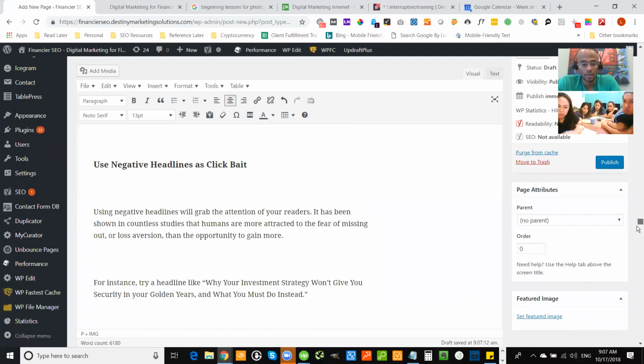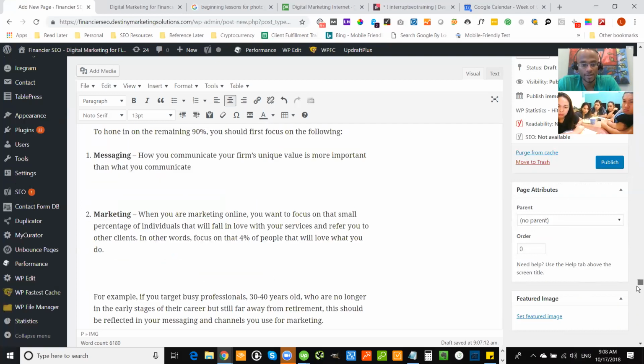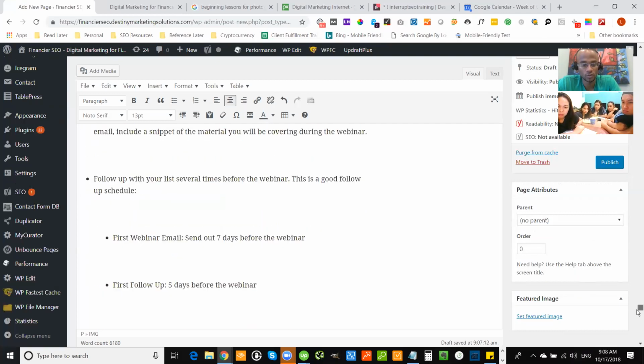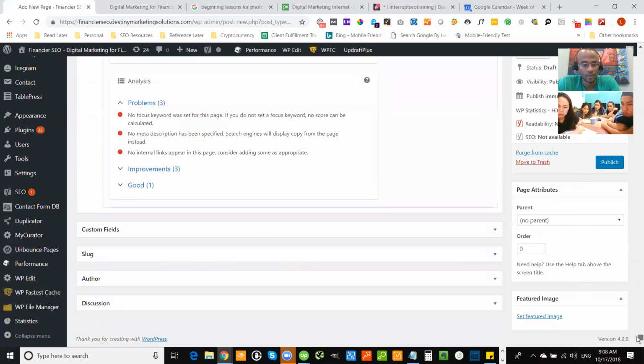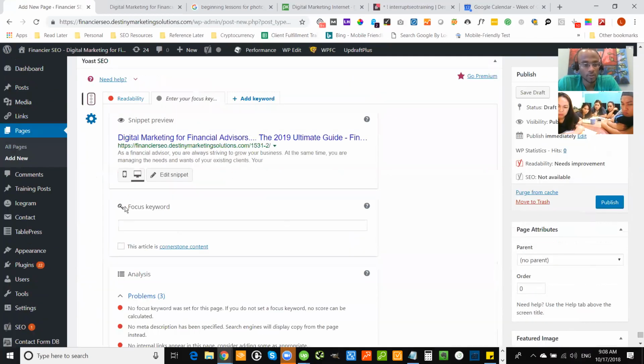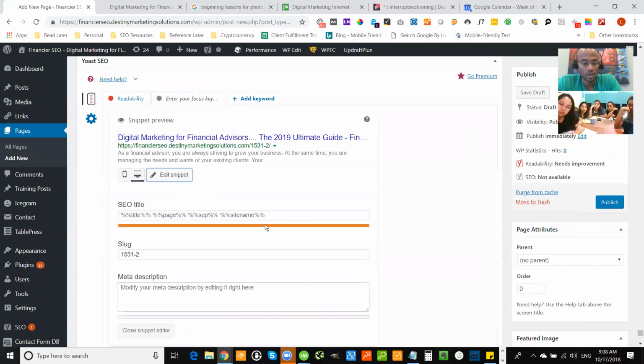So we have to scroll all the way down. Okay. So once you install Yoast SEO plugin and enable it, you're going to see this little section at the bottom of your content. It'll just have Yoast SEO here in the top left-hand corner. And then when you hit edit snippet, you're going to give your page a page title.